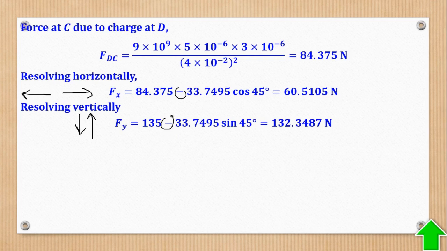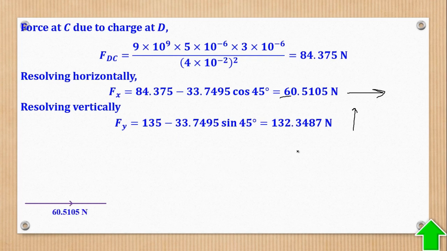That is why you see this negative there. So if we get a positive here, it means that horizontally it is to the left. And if we get a positive here, it means that vertically it is upwards. Therefore, when we are drawing our right angle triangle, we shall draw a positive horizontal, which is there, followed by a positive vertical.